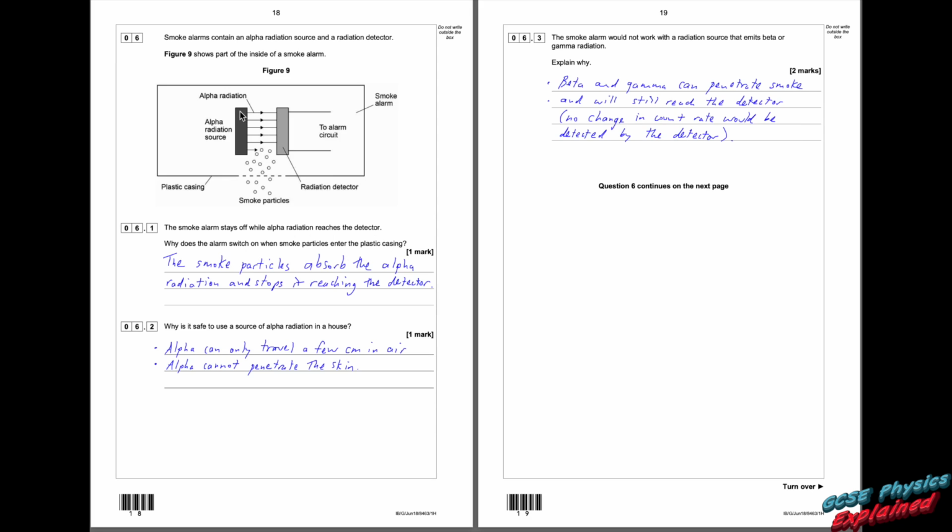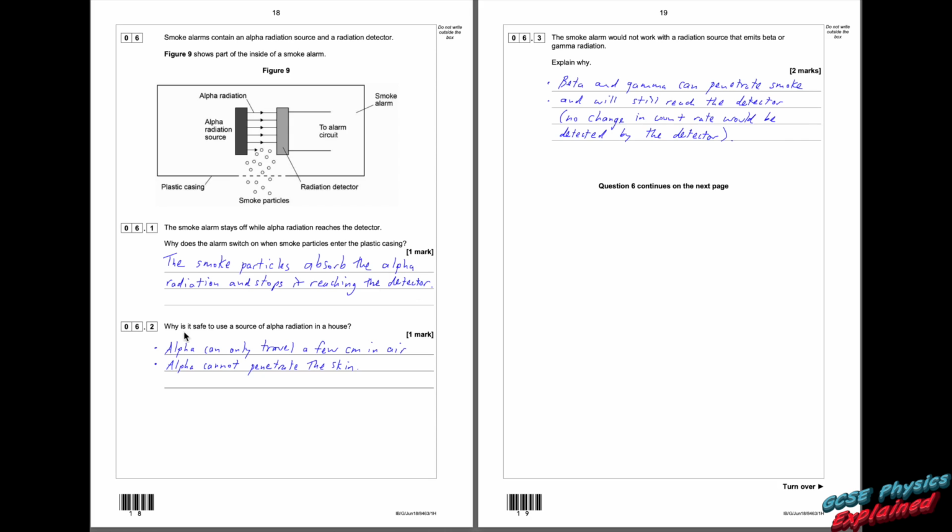So what they're saying is that as long as this alpha radiation source is getting across into the detector, the alarm will not go off. But as soon as the alpha cannot get across, then the alarm will sound. And you can see here, the smoke particles are basically absorbing the alpha and stopping the alpha from getting across. So the smoke particles absorb the alpha radiation and stop it reaching the detector.